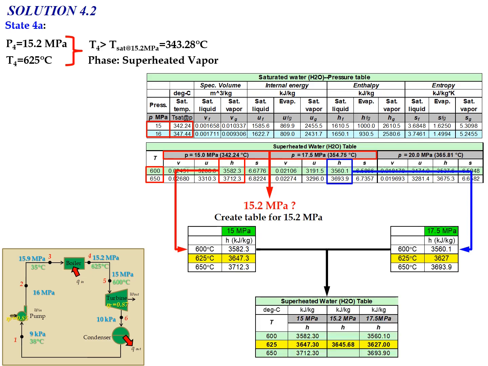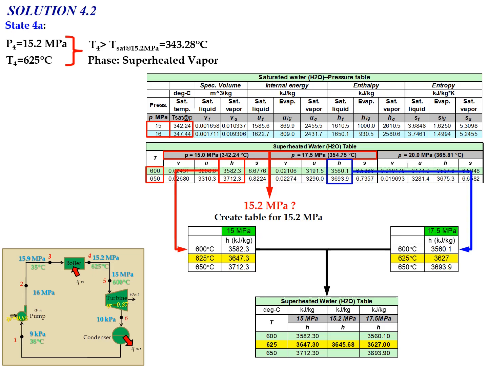We rearrange the data, so now we have the new table in terms of temperature, pressure, and enthalpy value. We already determined the enthalpy value at 625 degrees Celsius for 15 megapascal and 17.5 megapascal, so by interpolation we can determine the enthalpy value at 625 degrees Celsius for a pressure of 15.2 megapascal.